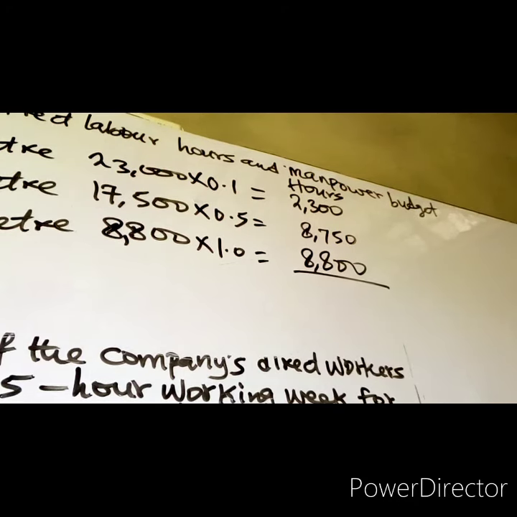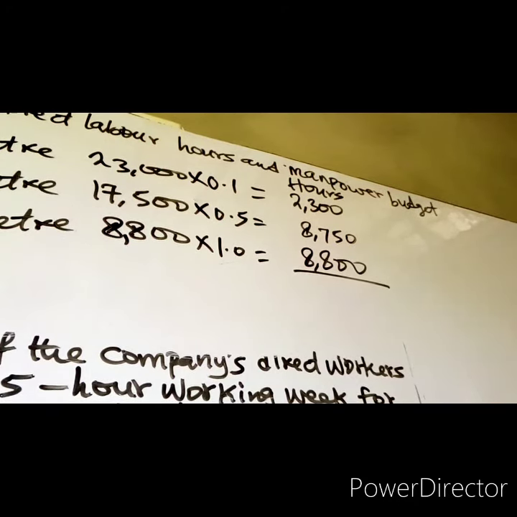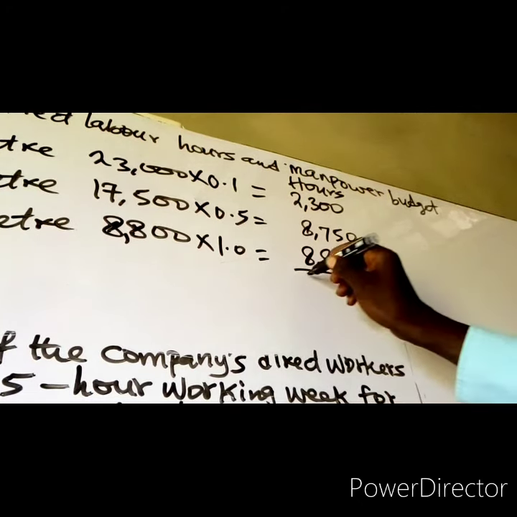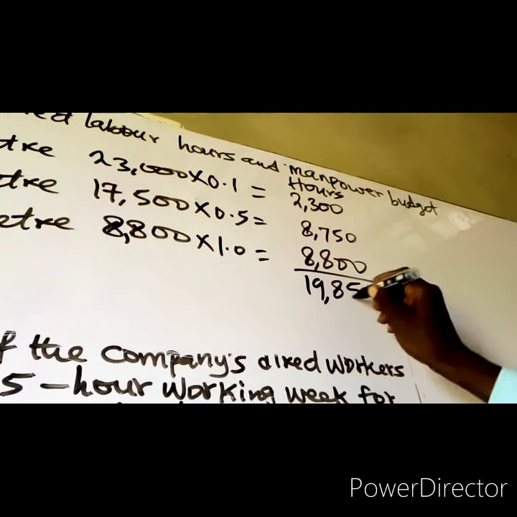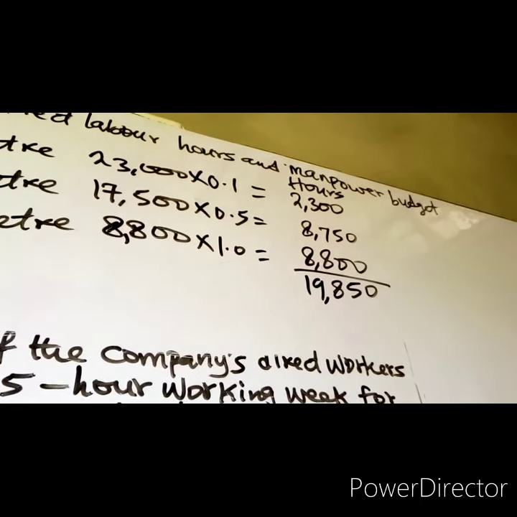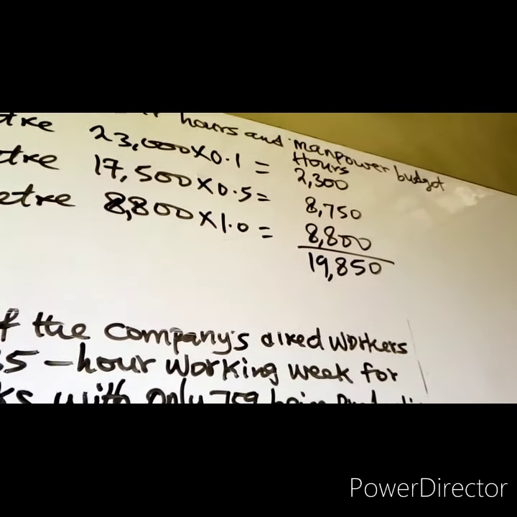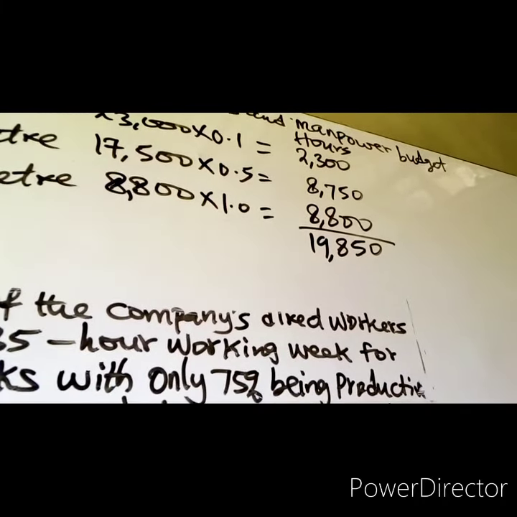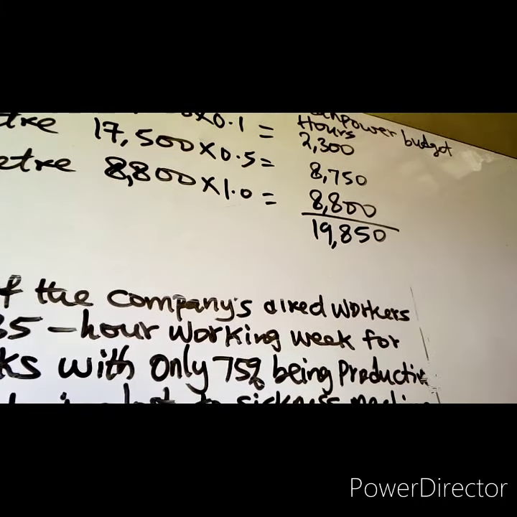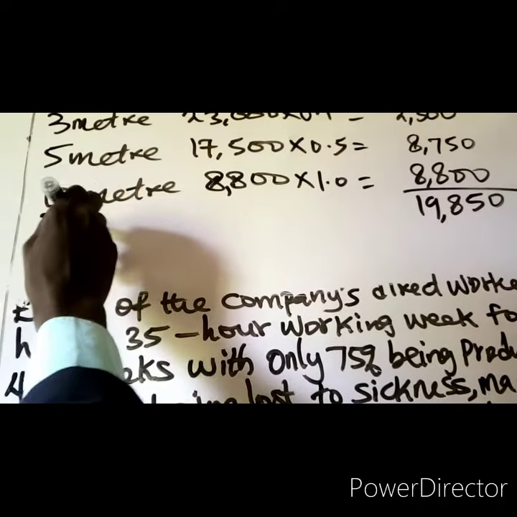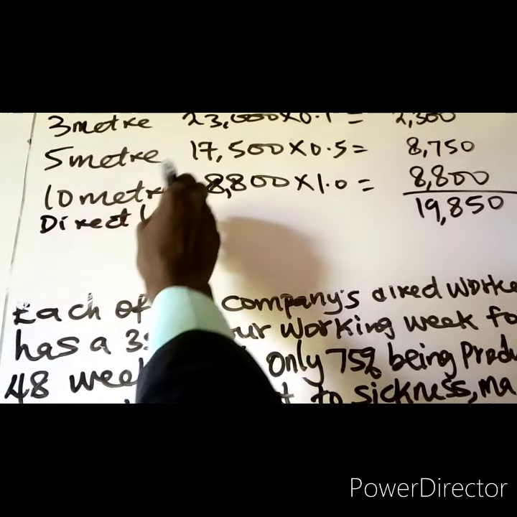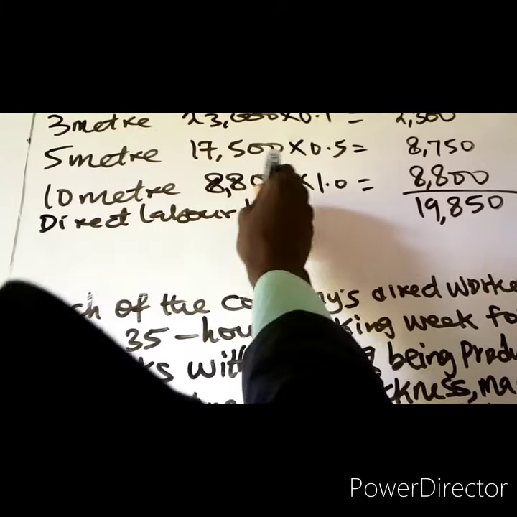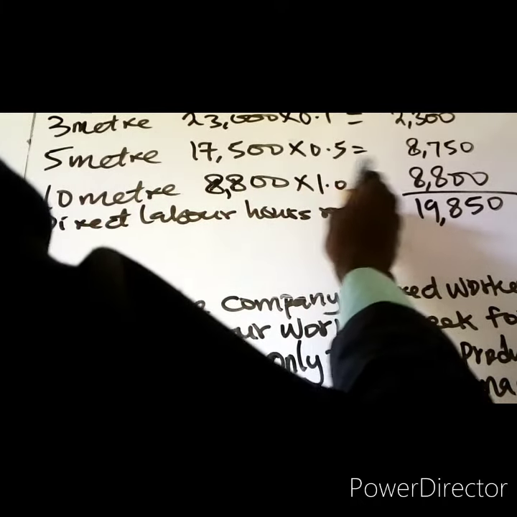So when you sum it up, then the total will be 19,850 hours. That is the hours required, direct labor hours required.